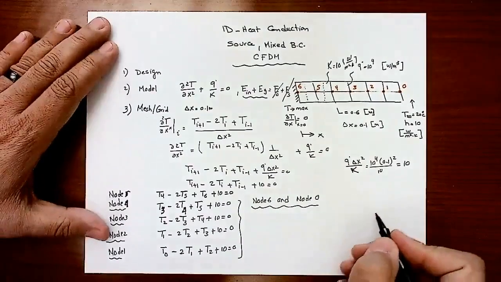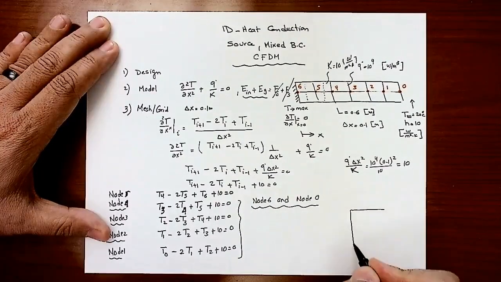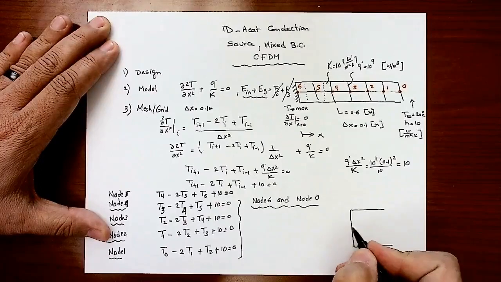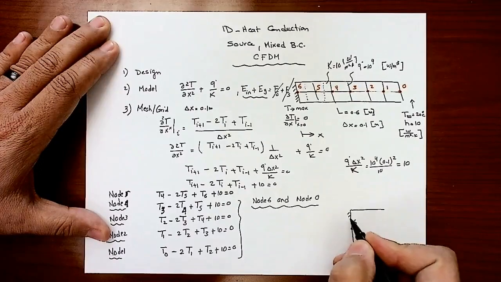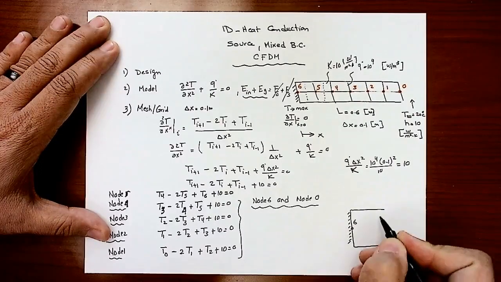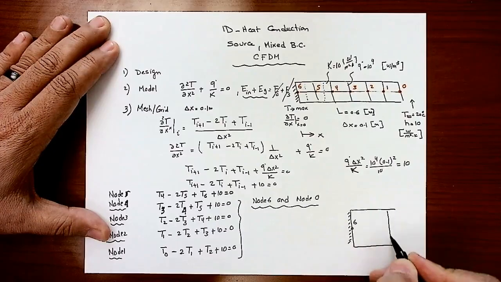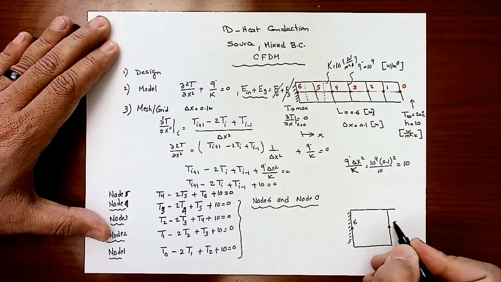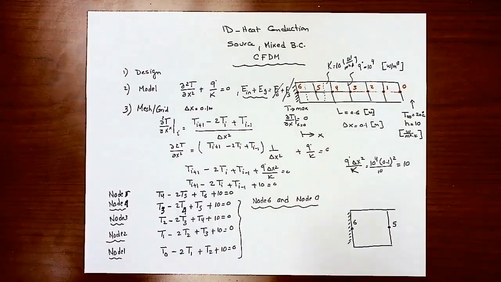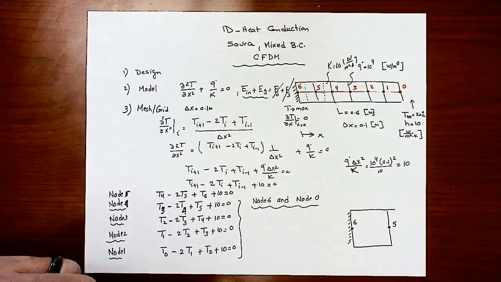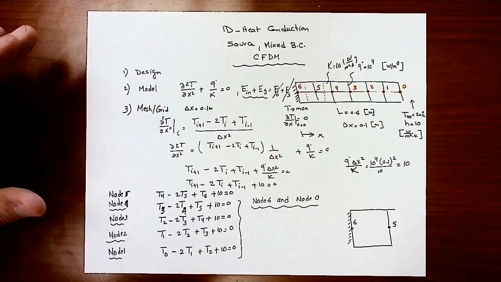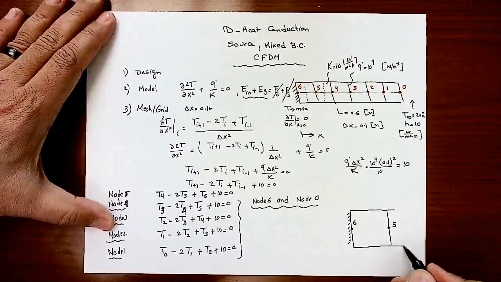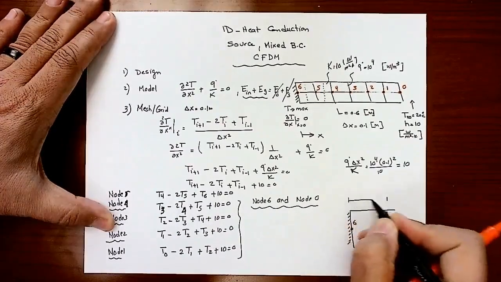So let me actually draw node number 6 on a larger scale here. That's node number 6. This is the insulated face. Then I have node number 5 here. Now let's draw the control element surrounding node number 6. I should draw a square of the same dimension, delta x side length.